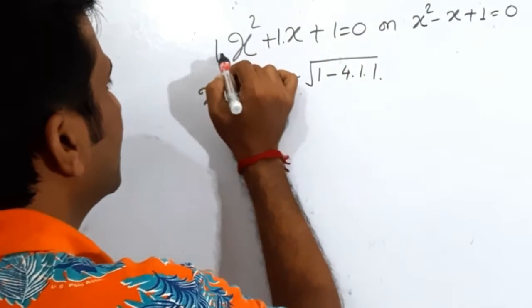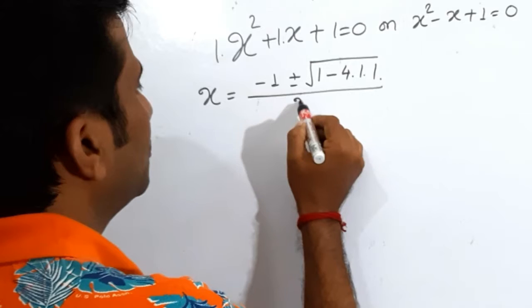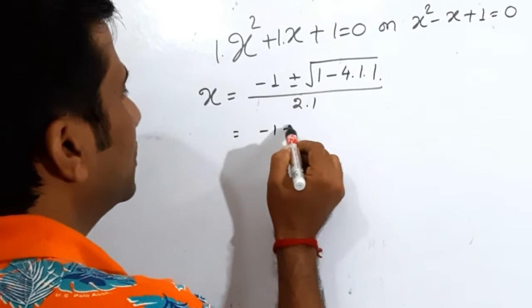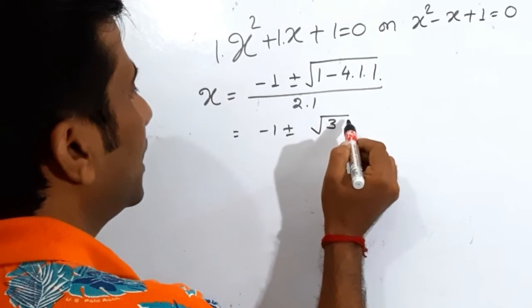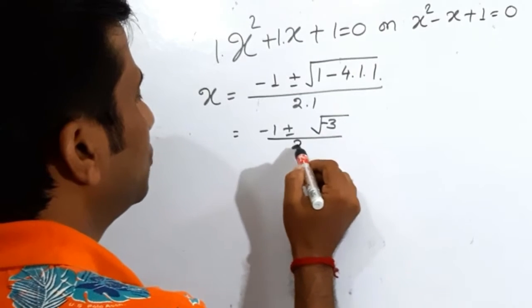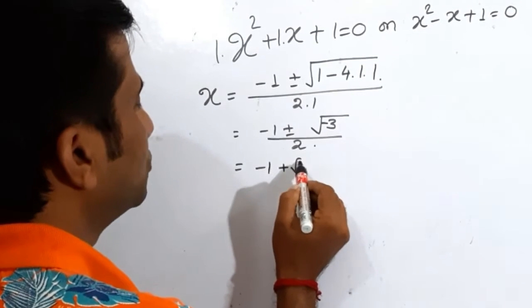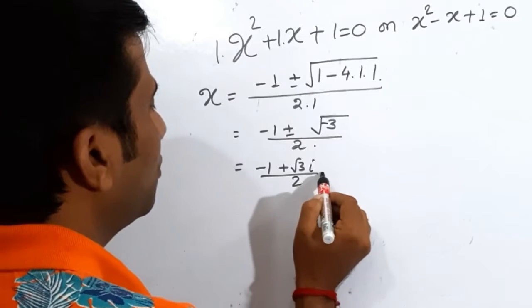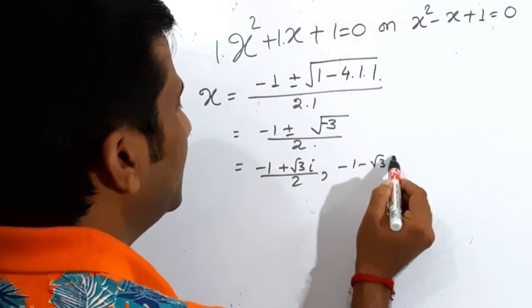As we know the coefficient is 1, we get 2 into 1. That means minus 1 plus minus root 3 minus root 3 by 2, that means minus 1 plus root 3i by 2 comma minus 1 minus root 3i by 2.